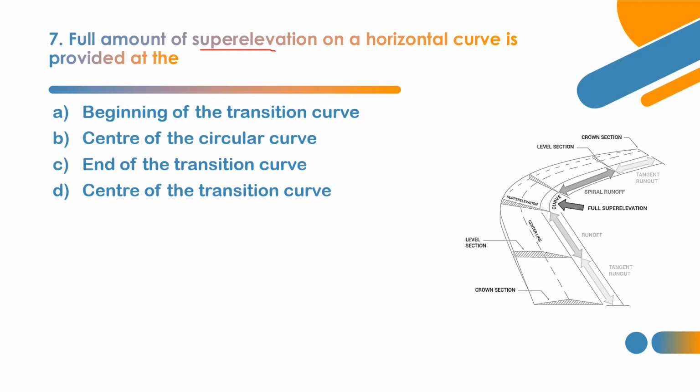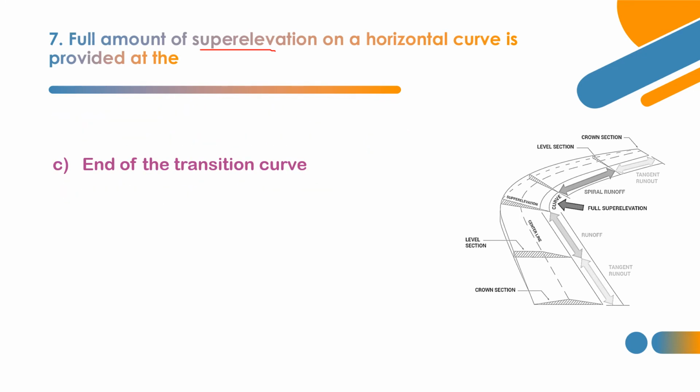So the full amount of super elevation is provided at which location? You can refer to this diagram to get the correct answer. Whether it is the beginning of the transition curve, center of the circular curve, end of the transition curve, or the center of the transition. The correct option is option C, end of the transition curve.